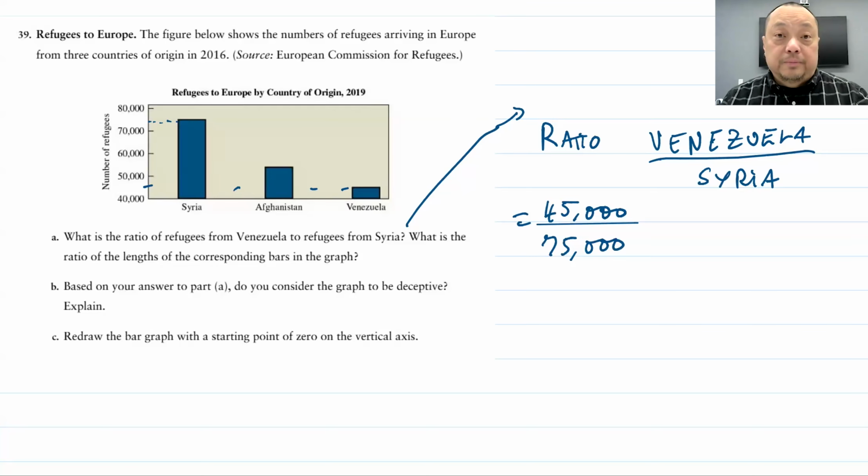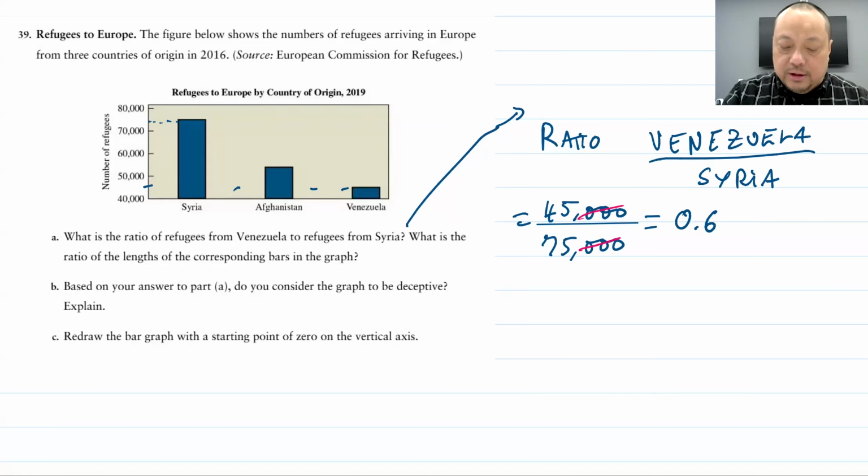So that's the ratio. At this time, you can either reduce a fraction or you can just divide it out using a calculator. If you divide it out, you get 0.6. So that would be the ratio. The ratio of Venezuela refugees to Syria refugees is 0.6. You can also do fraction simplification if you want.